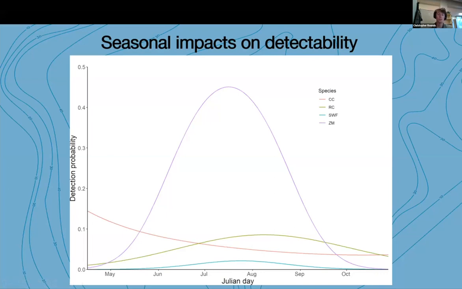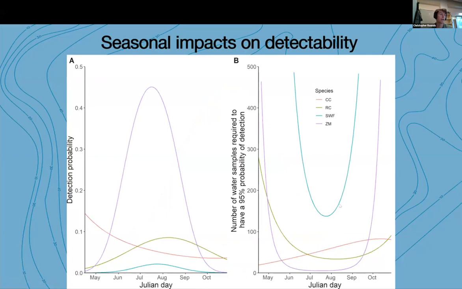And so, like I said, you can look at how many samples to take to be able to detect these species in lakes. And we can do that. So on this right side here, we have the number of water samples required to have a 95% probability of detection over the day of year.